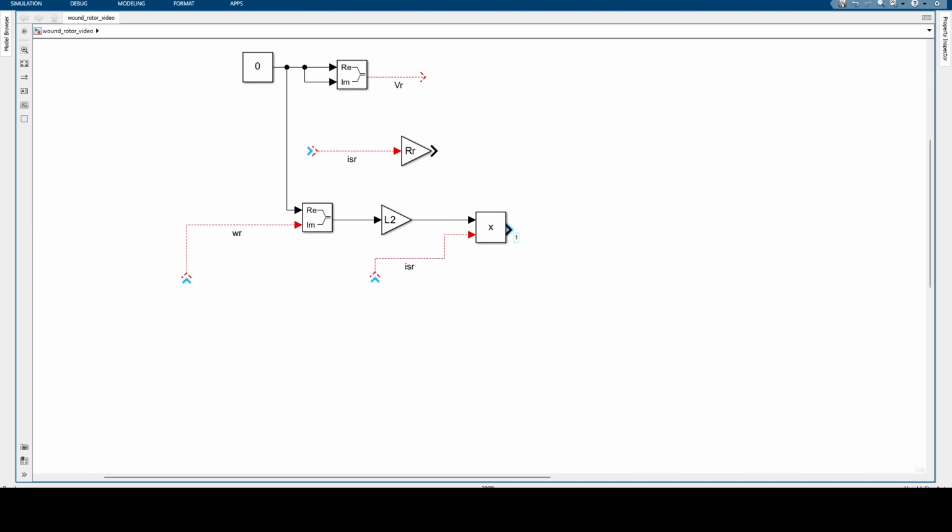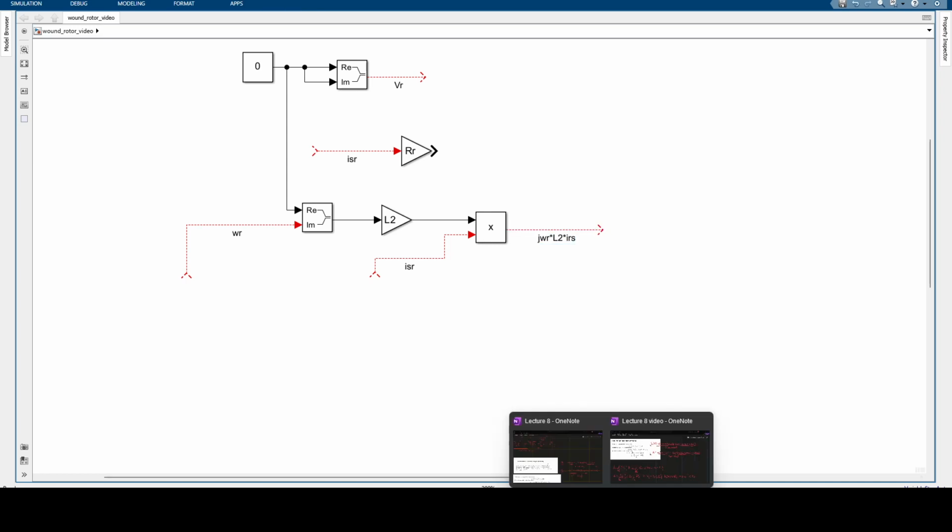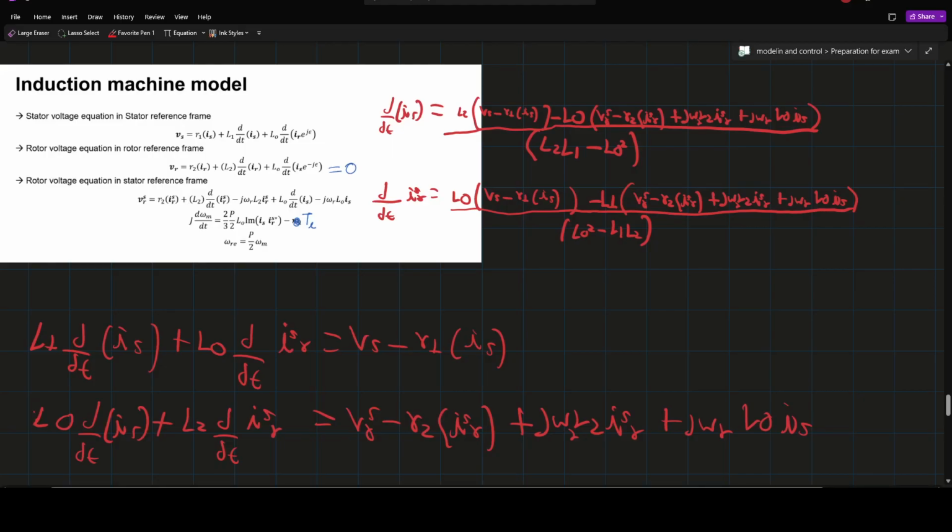So here we are going to have J omega R times L2 times ISR, and that is this part over here.